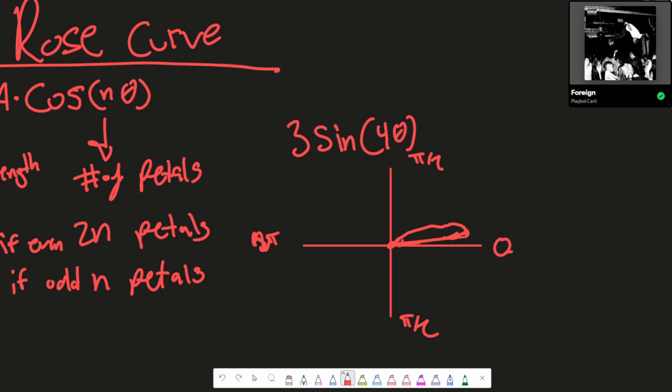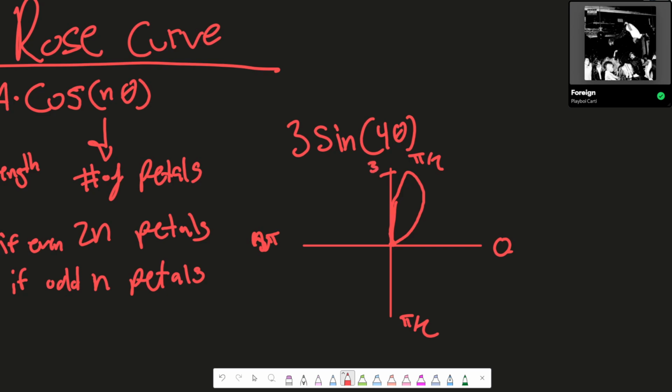It graphs in this order, and the height of this is actually 3.